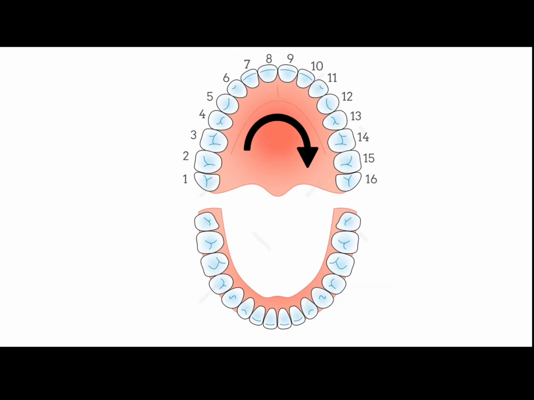Then we continue on the lower left arch with the third molar or wisdom tooth, and we continue in a clockwise direction, numbering the teeth until we reach the other end of the arch with the last molar, which would be the lower right wisdom tooth, or tooth number 32.